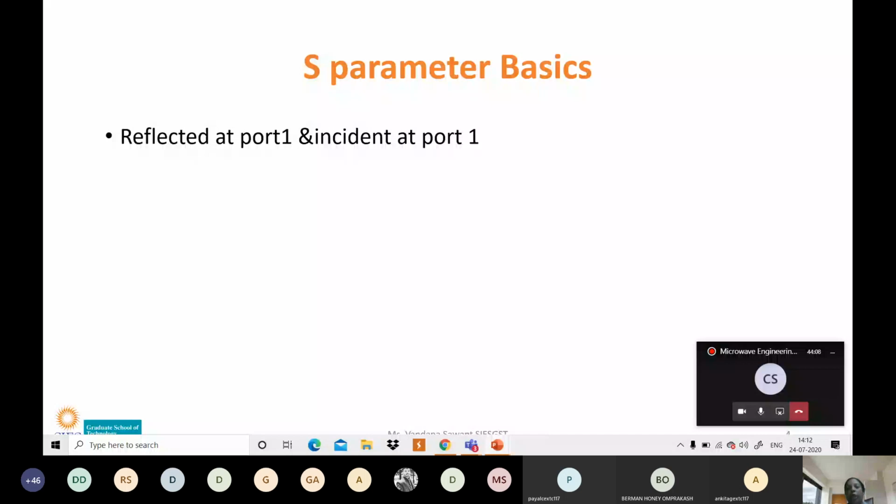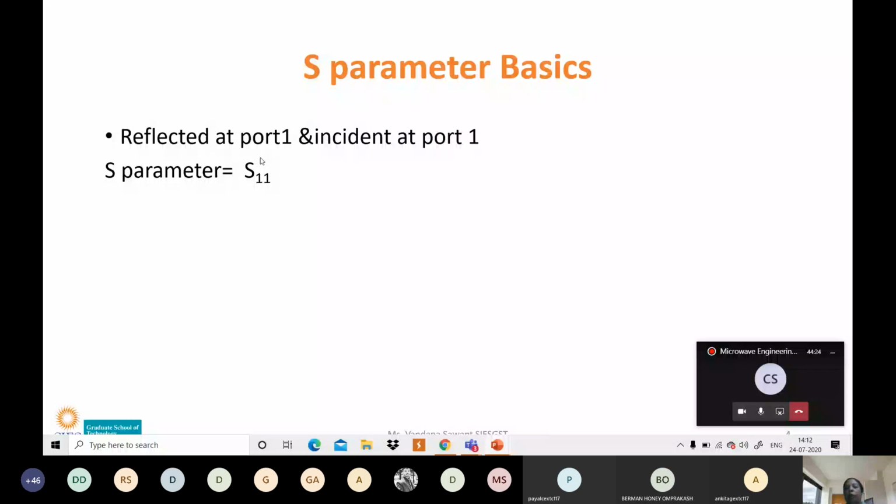So the S parameter is S11, where S stands for the scattering parameter. The reflected signal is at port 1, so I write 1 after the S, and the incident signal is also at port 1.